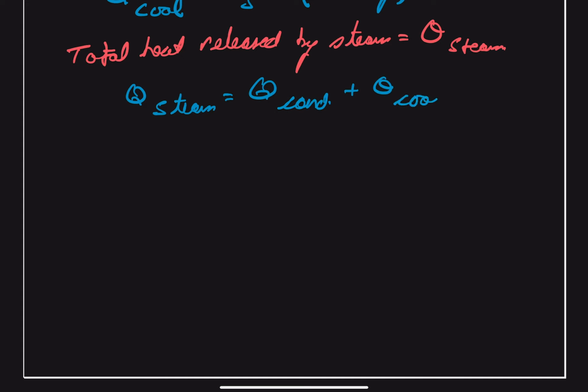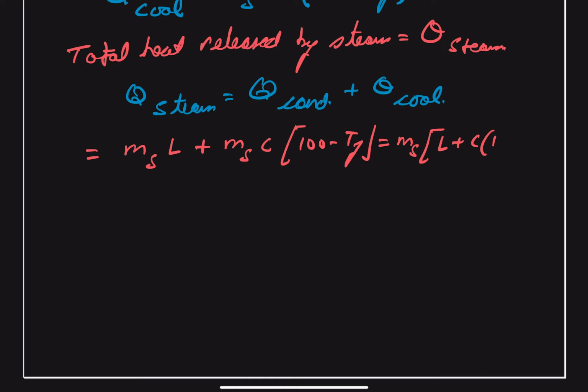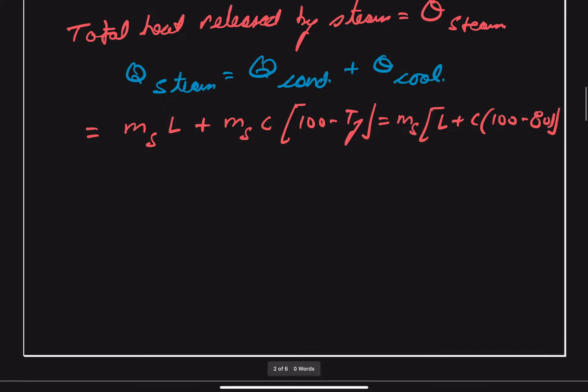Now we simply substitute the equations. So we get Q steam equals Ms multiplied by L plus Ms multiplied by C multiplied by (100 minus Tf). Ms we can take as common, so we get Ms multiplied by (L plus C multiplied by 20), where 100 minus Tf is 20.